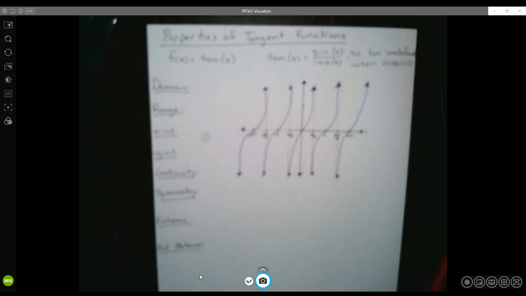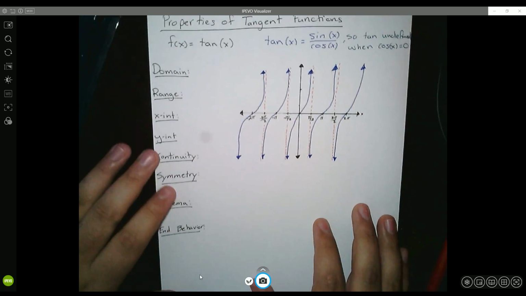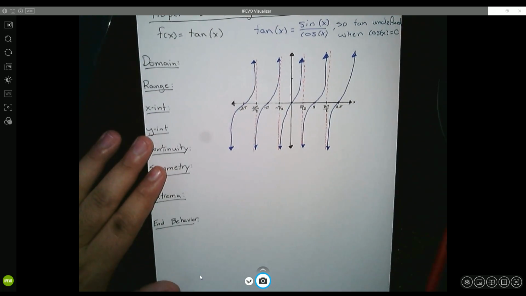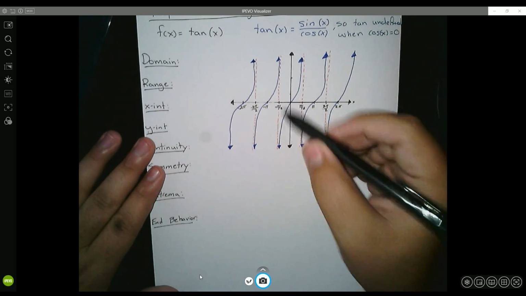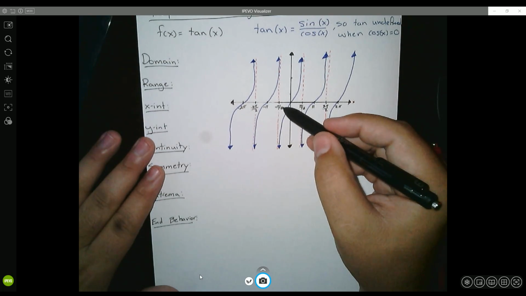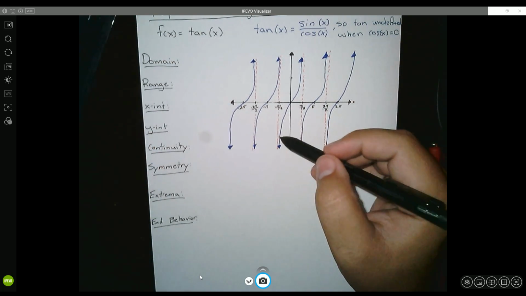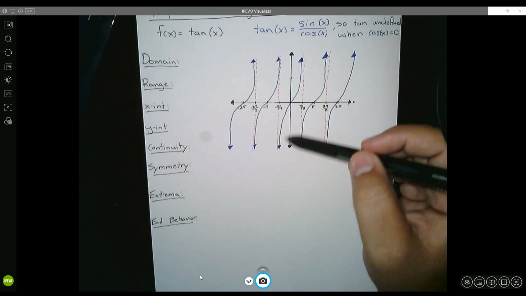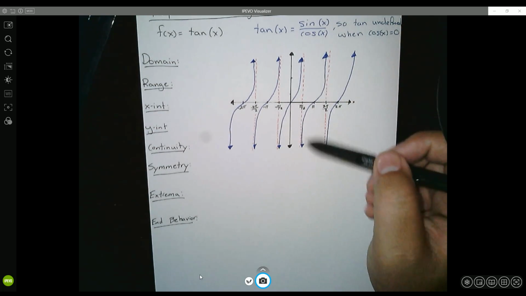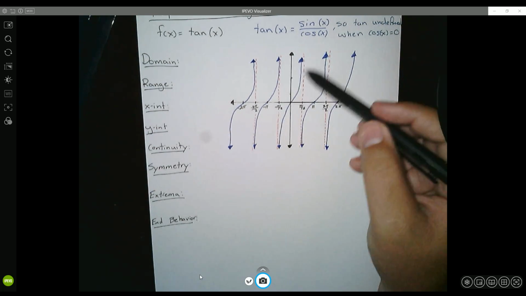As you can see here, we have these lines. We go on to infinity as we approach negative pi over 2, but we never actually touch it because we can't divide by 0. These red lines are vertical asymptotes, and you just see it repeat over and over again.